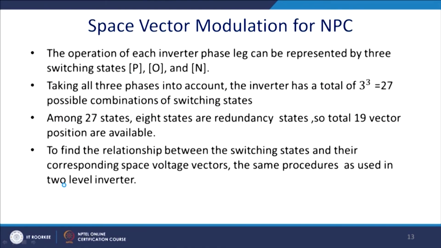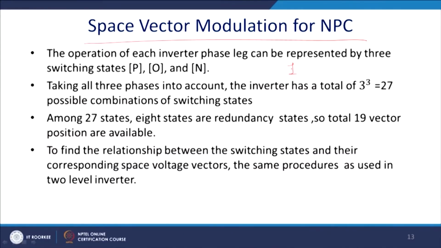Now, let us come to the space vector modulation technique. I have discussed the space vector modulation technique for the 2-level inverter, and that has been extended to the 3-level inverter. So, the basic assumption is the same.